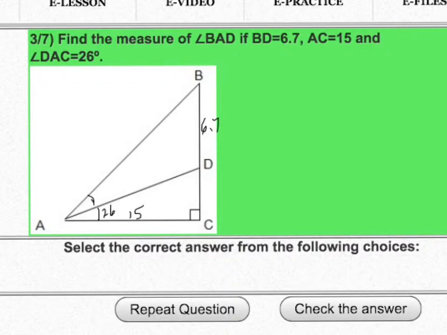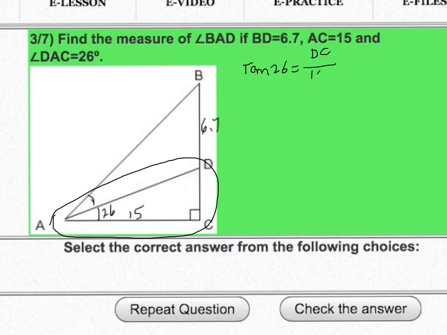Okay, to solve this triangle, I have to find angle BAD. One way of doing it is I'm going to look at the lower triangle, which is a right triangle. So I'm going to use a trig ratio here. So I'm going to say tan 26 is equal to DC over 15.